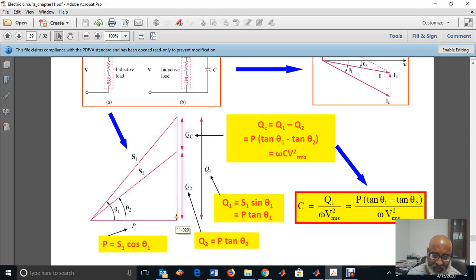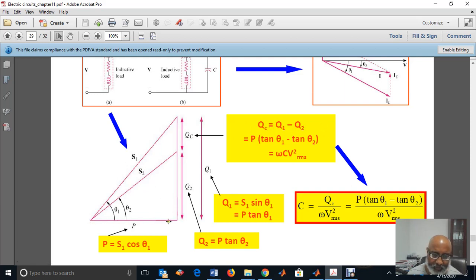When we apply QC, because it's negative, Q1 minus QC gives Q2, which will be smaller than Q1. So Q2 is Q1 minus QC, or QC is Q1 minus Q2.